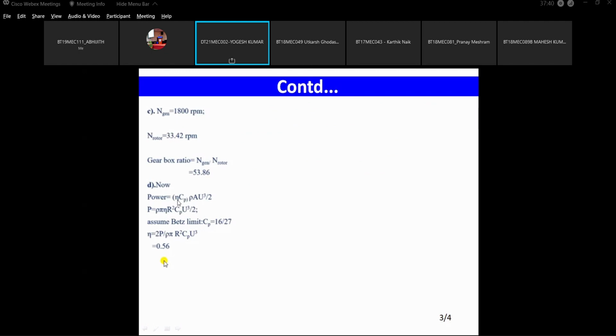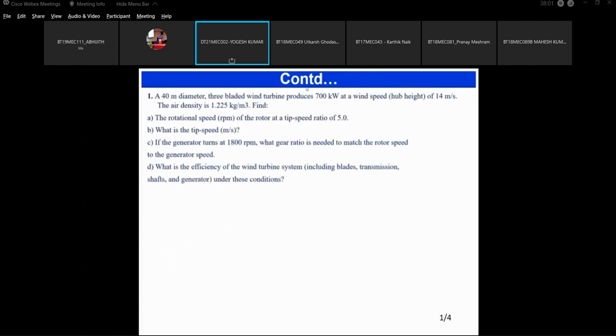Here eta is efficiency and Cp is coefficient of performance for wind turbine, rho is equal to 1.225 kg per meter cube for air, A is swept area for the horizontal axis wind turbine, and U is free stream velocity. Diameter is given, so we calculate swept area, and density is also given.